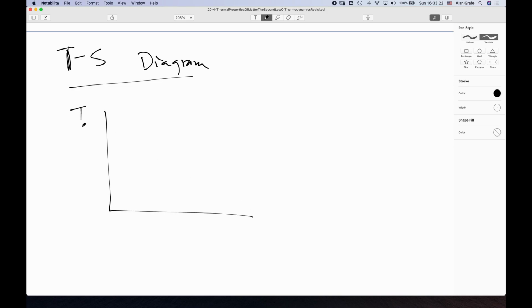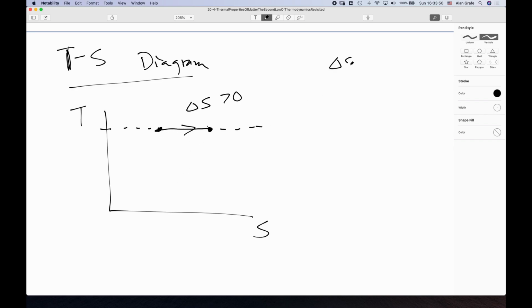Instead of P and V on the axes, it's T and S, where S is the entropy of the system. For an isothermal process, say we have an isothermal expansion, the entropy would go up because we'd have more states available. The change in entropy here would be greater than 0.